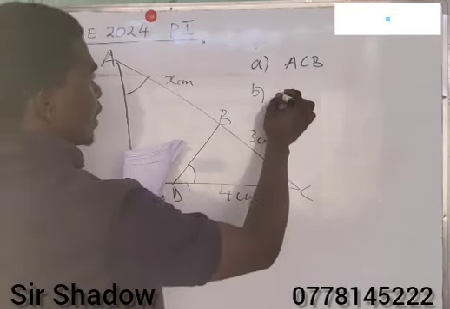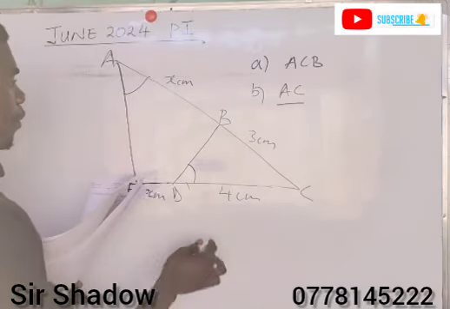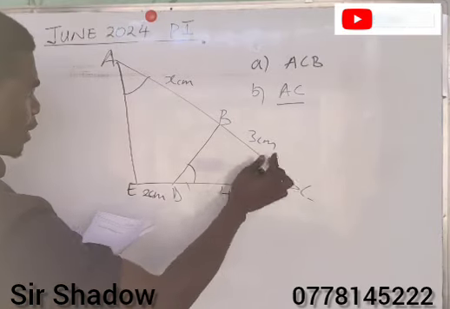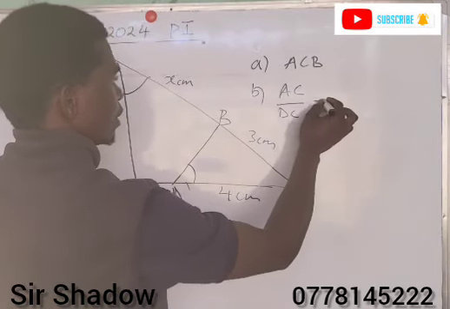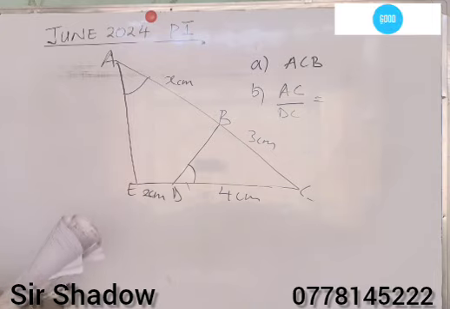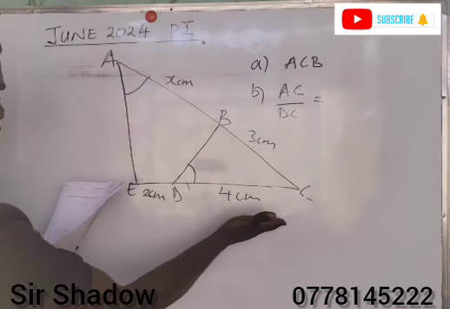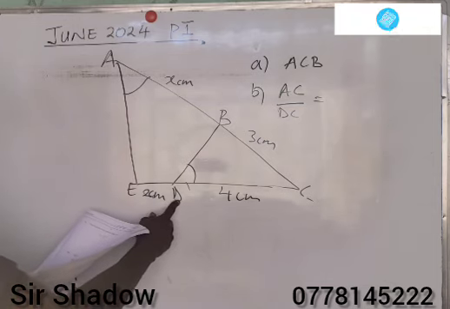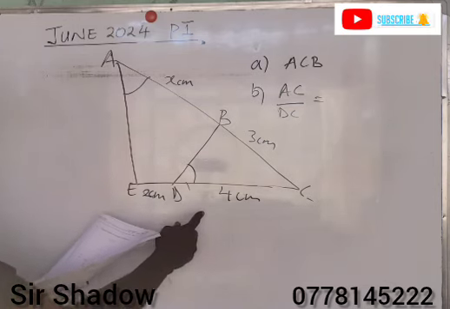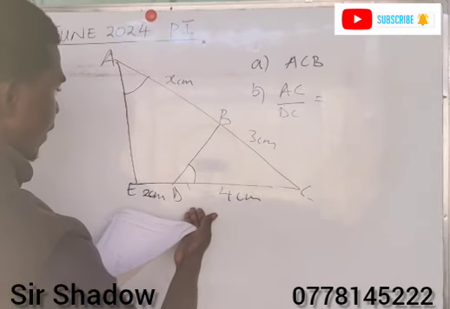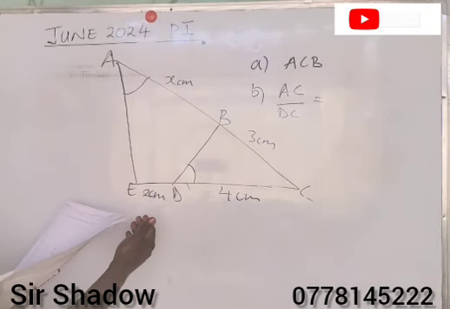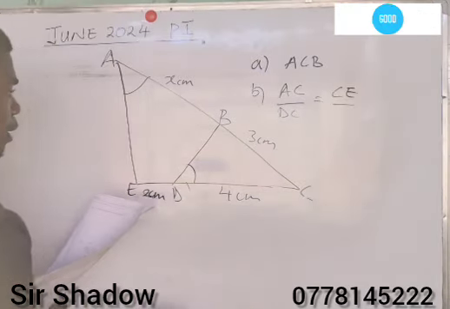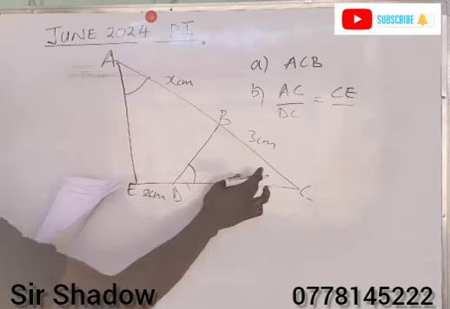AC over DC is equal to the other corresponding ratio, CE over CB.